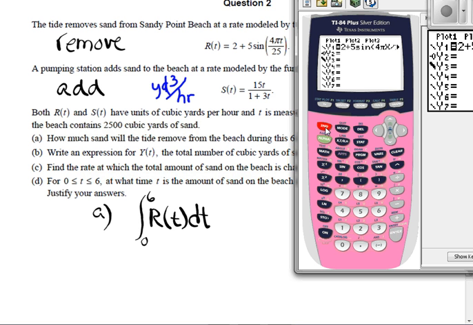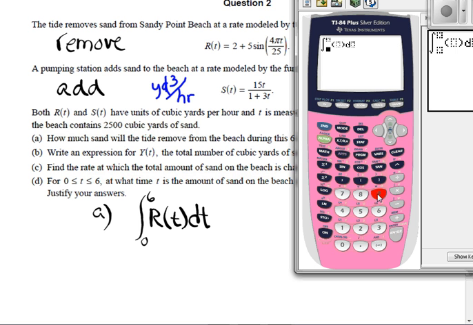So I'm going to quit. Remember where integrate is? Math 9. I've just done it so many times, it's just easier. And this is 0. And I'm going to go up. I like to do my limits first. And then this is in Y1. And on my paper, I might write that that's Y1. Now, you have to get your Y1s from the variables.